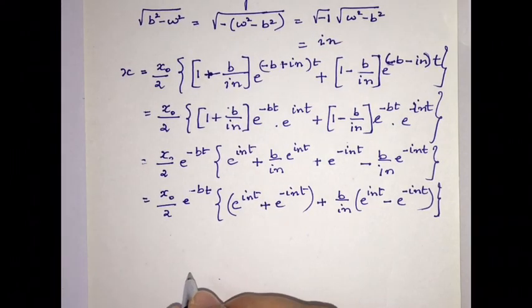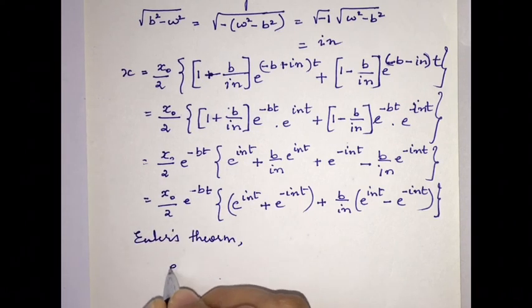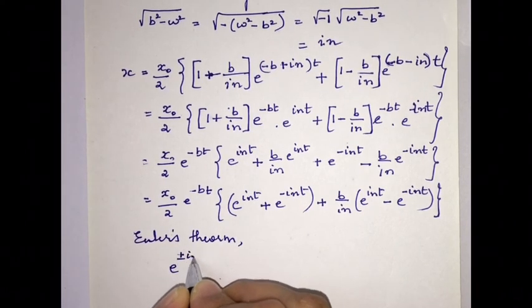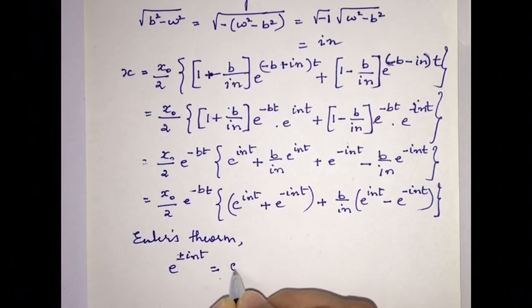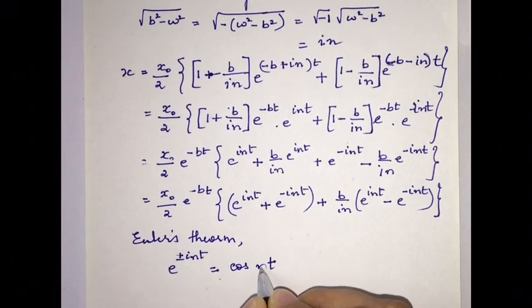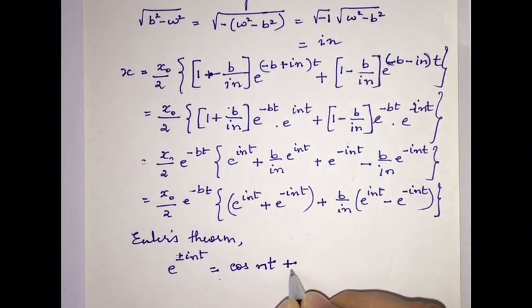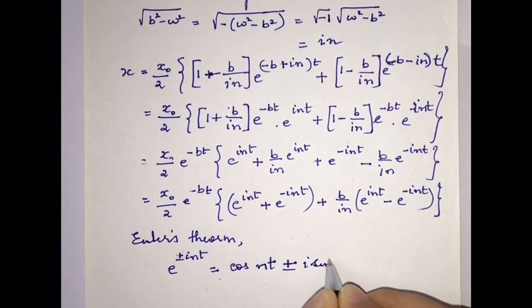By Euler's theorem, we know that e power plus or minus int can be written as cos nt plus or minus i sin nt.